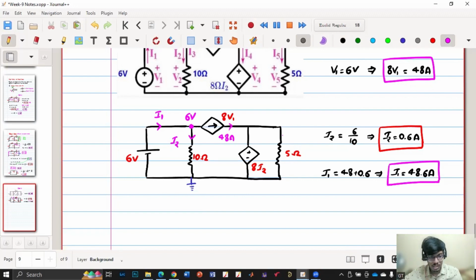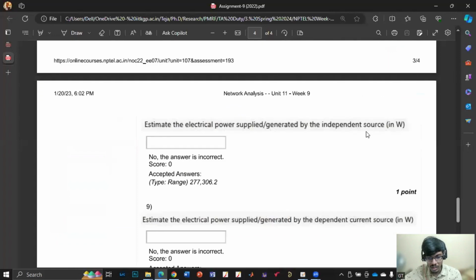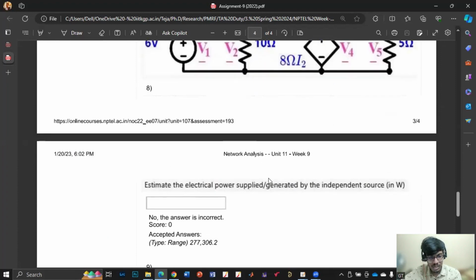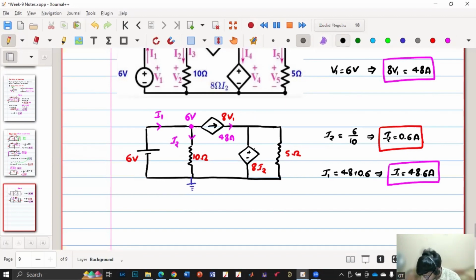For this 6 volt source, they have asked about the independent source, right? This is the independent source, the other two are dependent. They are asking power supplied or generated. I know that power supplied by this 6 volts is nothing but 6 volts into the current 48.6.